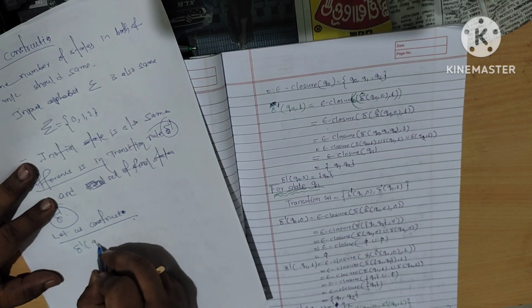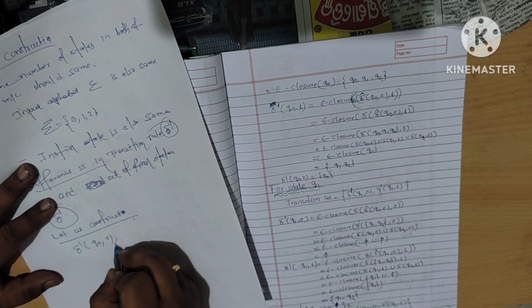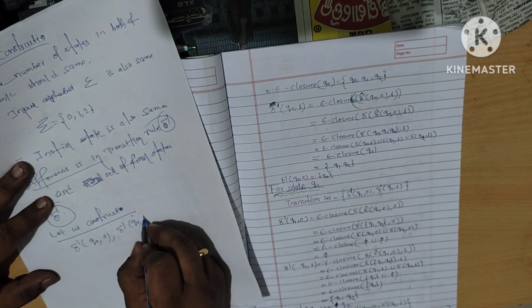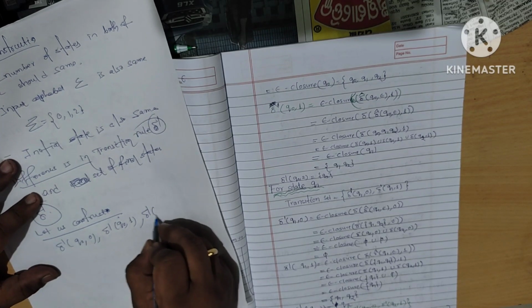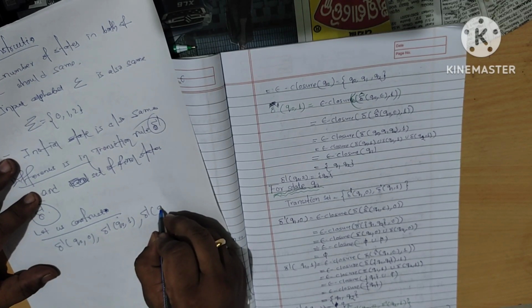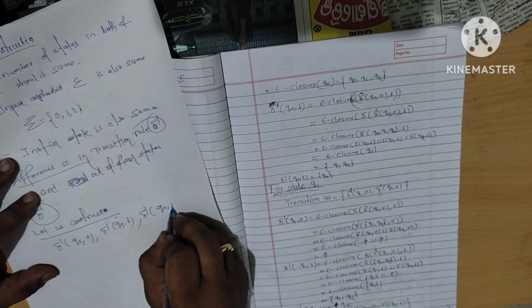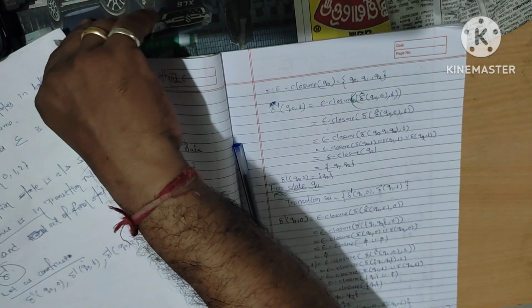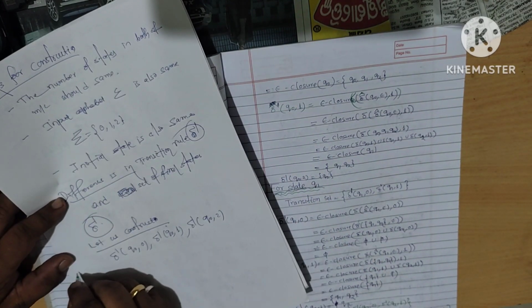Delta dash Q0 on input 0, delta dash Q0 on input 1, delta dash Q0 on input 2. That is for the Q0 state.